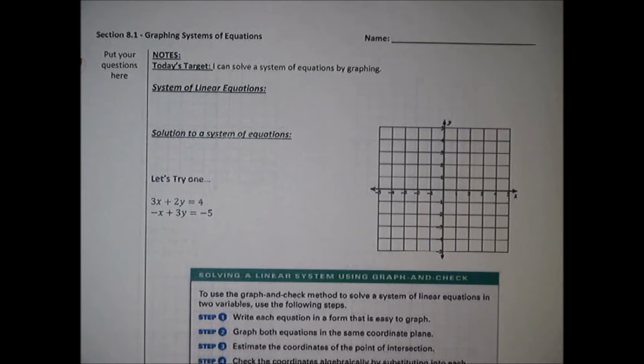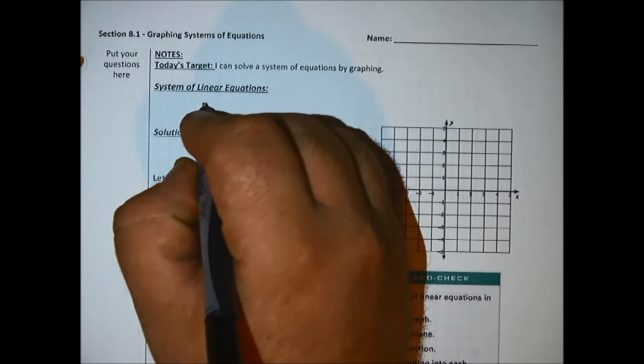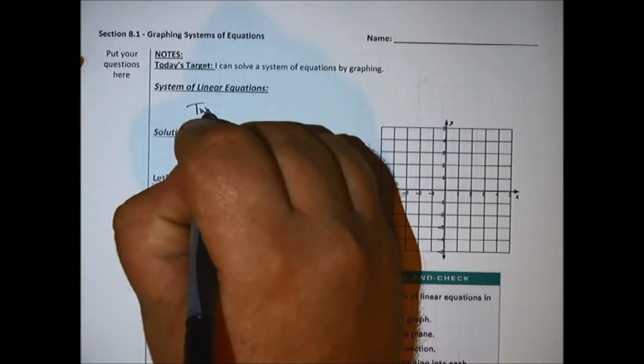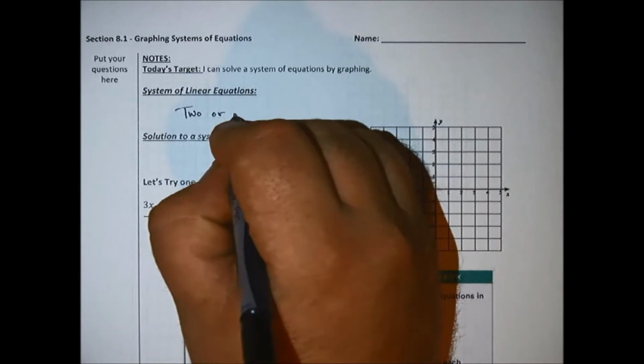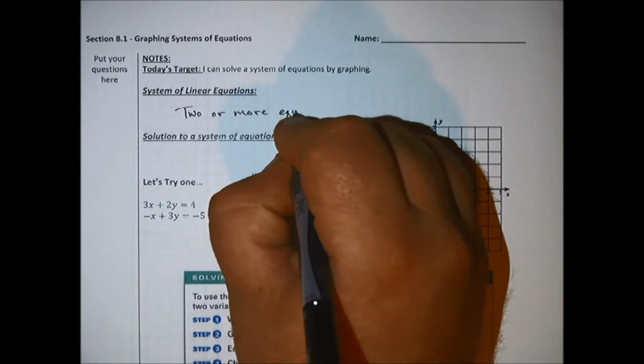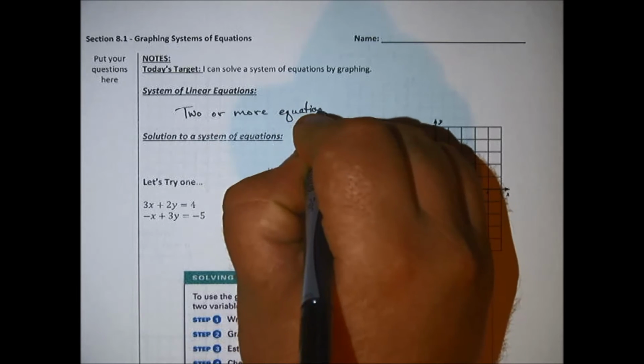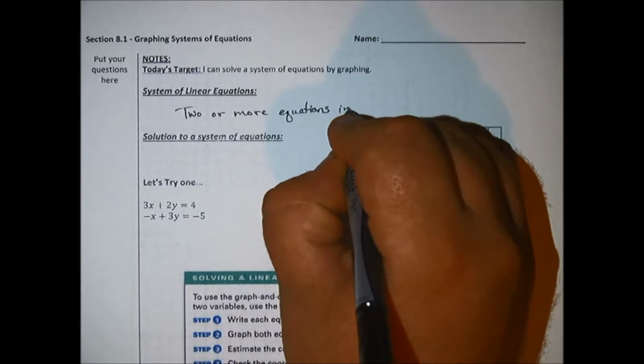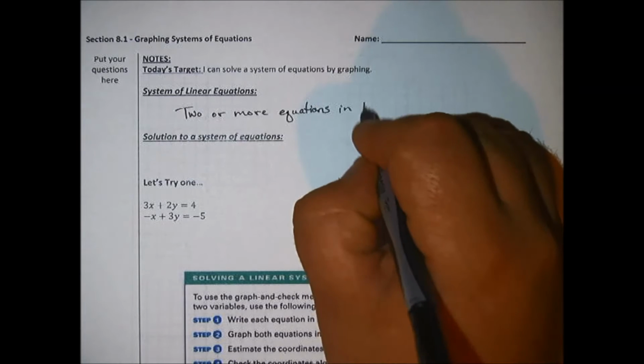Okay, this unit we're talking about systems of equations. We're going to be solving them multiple different ways. For a system of equations, what we're looking at is two or more equations in the same variables.